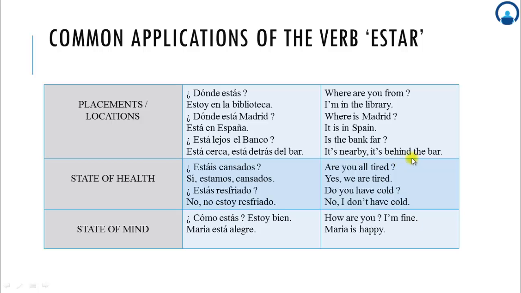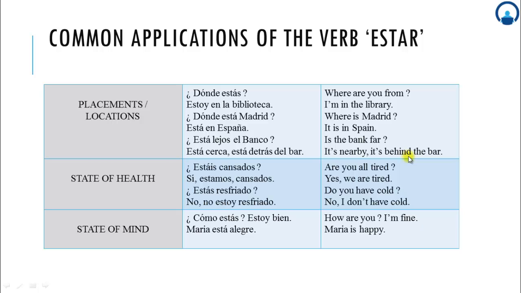Now suppose this statement is said by the person standing in front of that bar. So he says to the other person that the bank is behind the bar. Now suppose these two persons are standing behind the bar already.